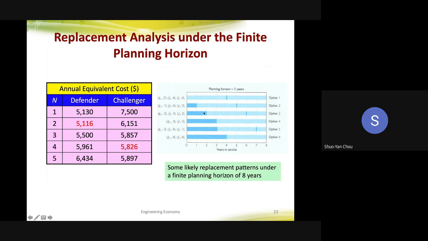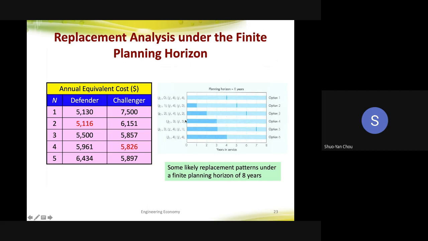Or we keep the defender for 2 years because it's still optimal, and that allows us to use the challenger for 4 years because it's optimal, and use another 2 years. So it's a combination of different cases.